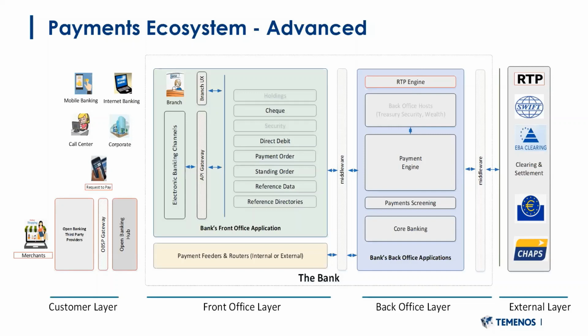So the RTP request flows from the channel, mostly mobile, I would say, through the gateways, to the front office, to the back office. It's processed by an RTP engine, and it goes out to an external gateway or an external service called the RTP service. From there, it goes to the other bank.